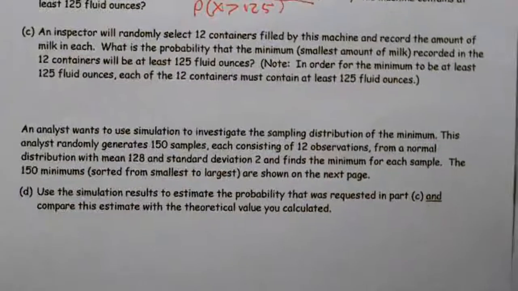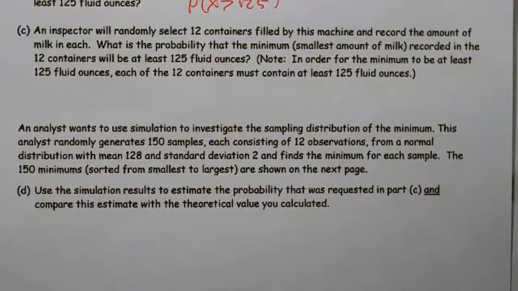An analyst wants to use simulation to investigate the sampling distribution of the minimum. This analyst generates 150 samples, each consisting of 12 observations from a normal distribution with a mean of 128 and a standard deviation of 2, and finds the minimum for each sample.